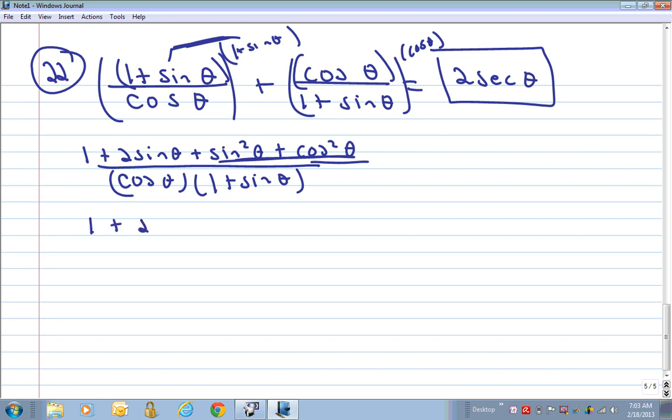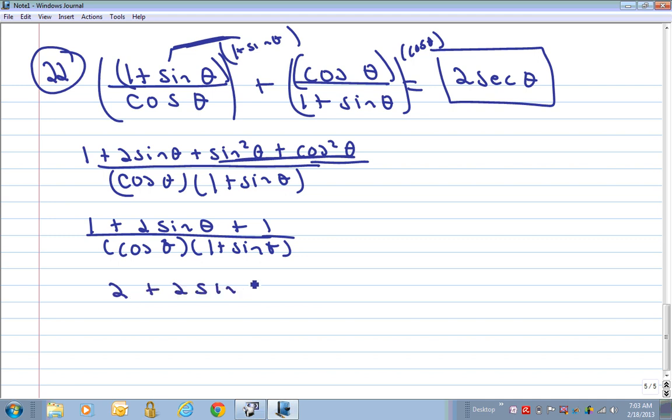So we have 1 plus 2 sine theta plus 1 over cosine theta times 1 plus sine theta. All right, so now what we have at the top is 1 and 1 is 2. So we have 2 plus 2 sine theta over cosine theta times 1 plus sine theta.